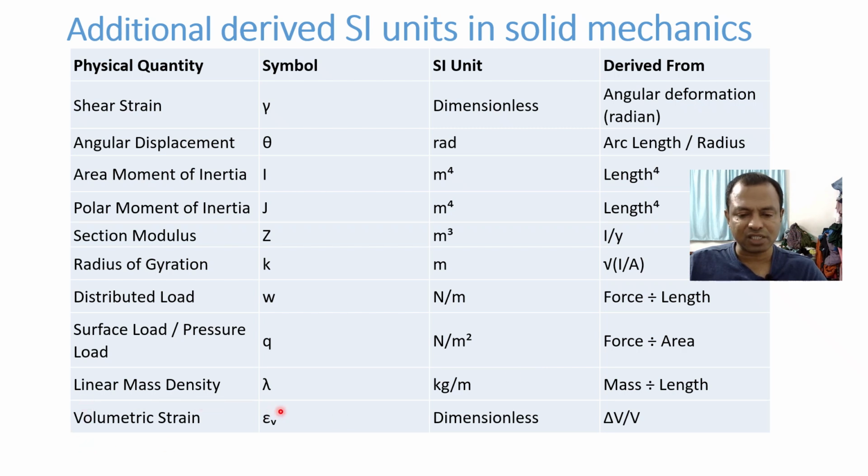Linear mass density, that is mass by length, so it is kilogram per meter. Volumetric strain, like shear strain or tensile strain, is a dimensionless quantity because it is the ratio of two volumes, change in volume by original volume.